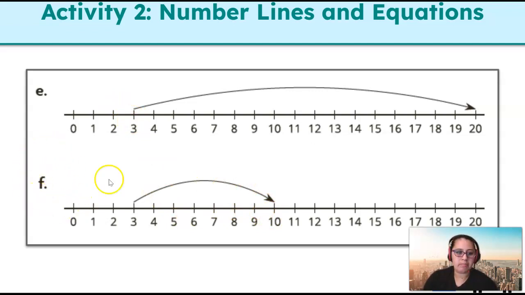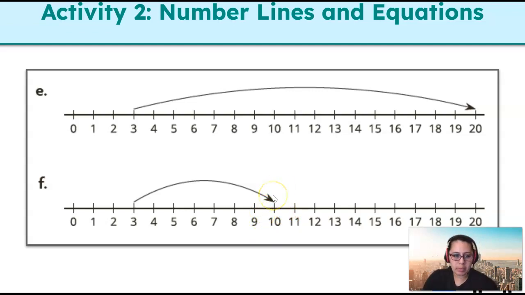Do you know how I know? We started at 3, and we're going right because we are adding. So let's add 7. 1, 2, 3, 4, 5, 6, 7. And we ended at 10. 3 plus 7 equals 10.